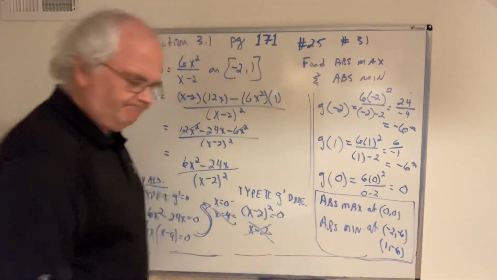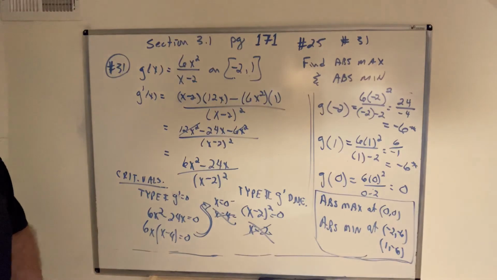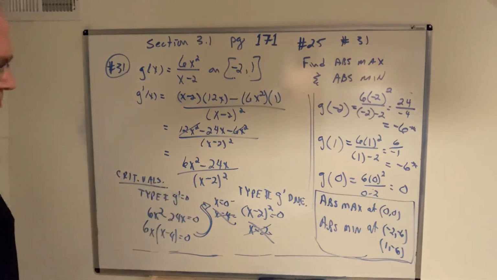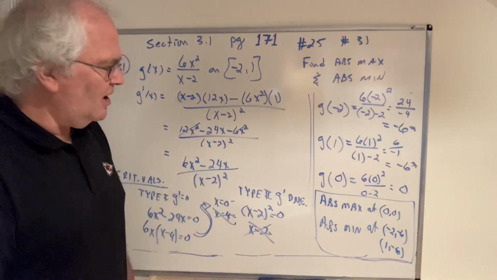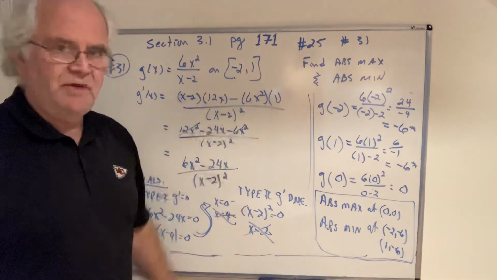All right. And so that's all there is to that. So there's 31 also worked out. Again, watch out for the ones that don't pass muster. And if you have repeats, you list them both. Make sure you do the arithmetic correctly.